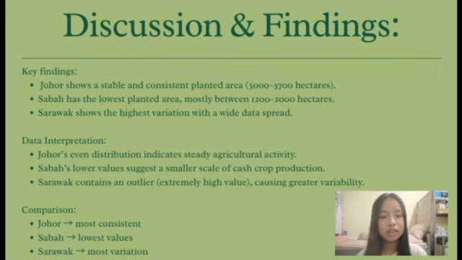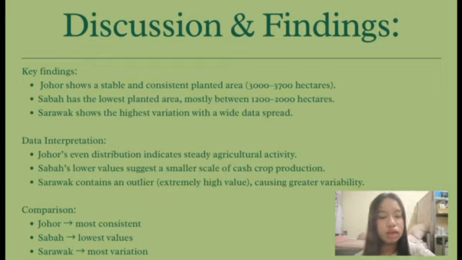This indicates steady agricultural activity over the years. Sabah, on the other hand, records lower values, mostly between 1,200 and 2,000 hectares, suggesting a smaller scale of cash crop planting, although the trend remains consistent.